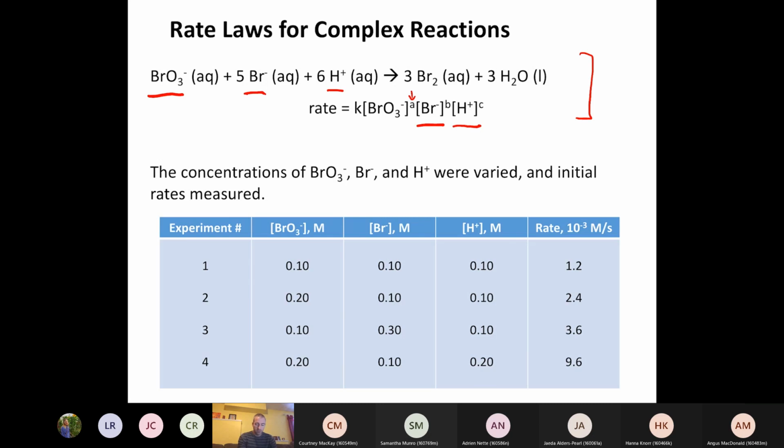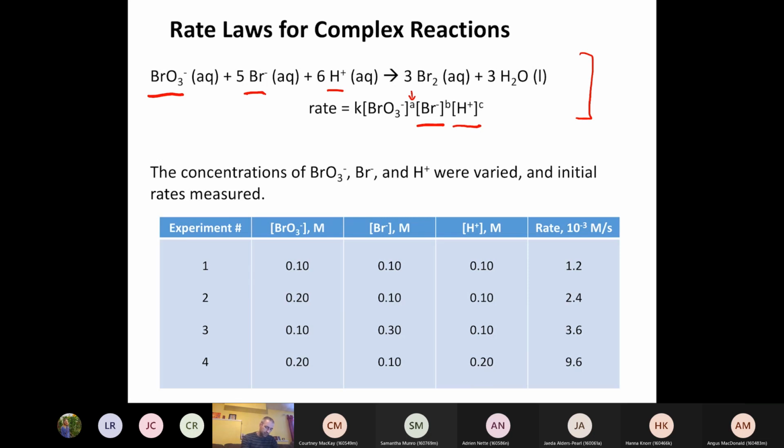We know this is going to be true every time you have a chemical reaction, with, of course, different reactants put in there. What we don't know are what a, b, and c are. That's the part that needs to be experimentally determined. So what we're going to do then is just what we said we were going to do before. We're going to start with a bunch of initial concentrations.